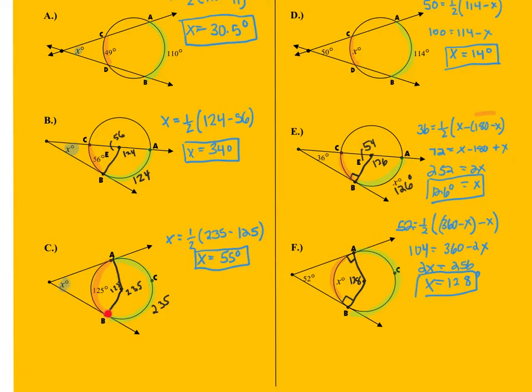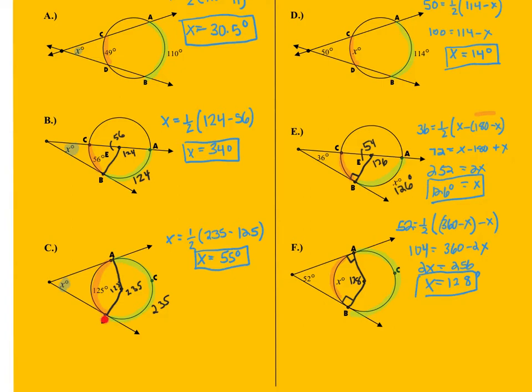If this is 125, and I know that the whole thing is 360, then this must be 235. And so I could use the formula that to find the angle x, we're going to have 1/2 of this one here, which is 235, minus this arc here, which is 125, which gives us 55.